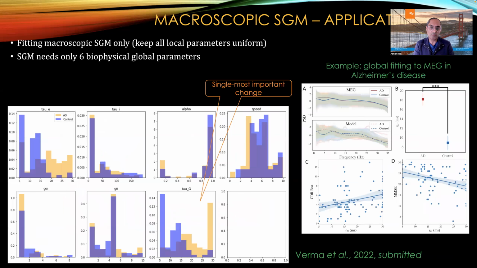So that's all well and good for the local model, but what about the macroscopic spectral graph model? After all, we're talking about the spectral graph model because it is able to integrate information through the connectome.